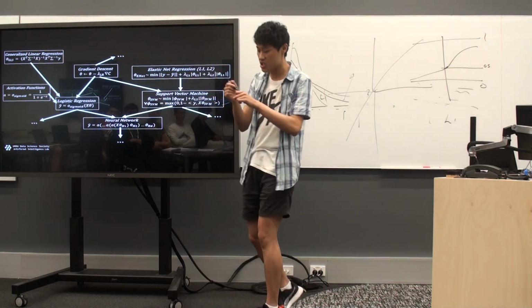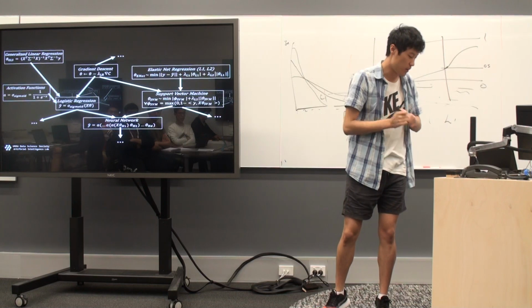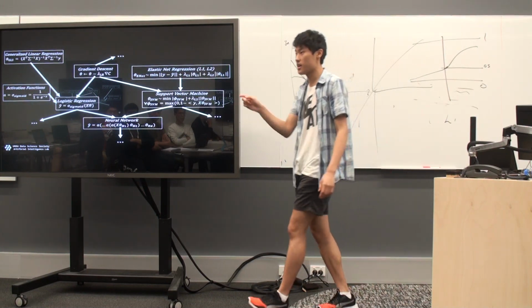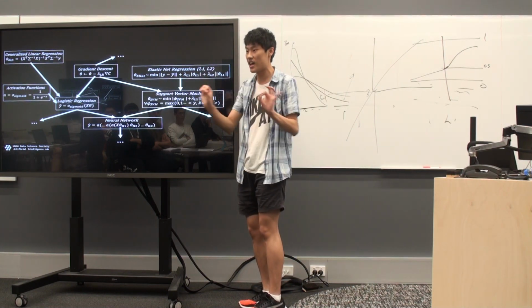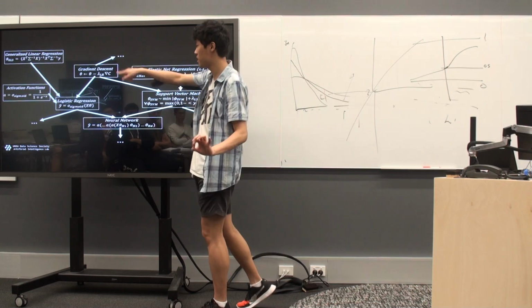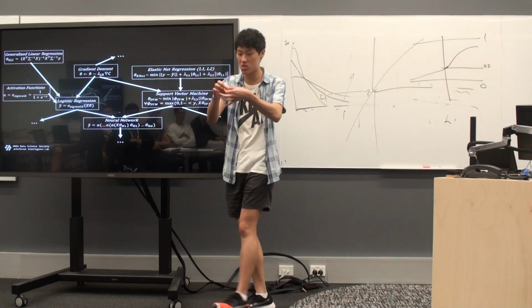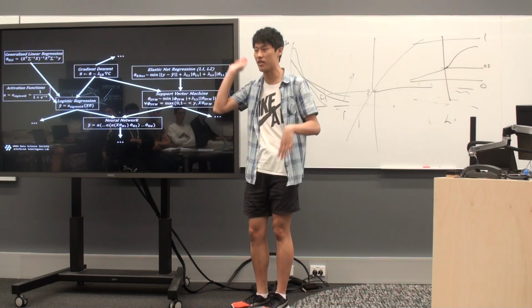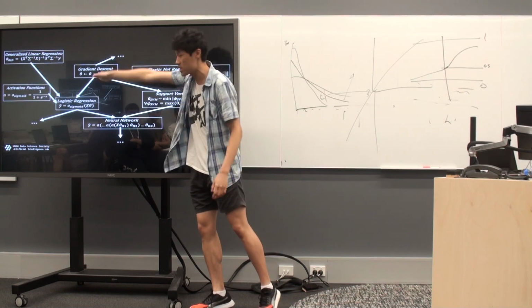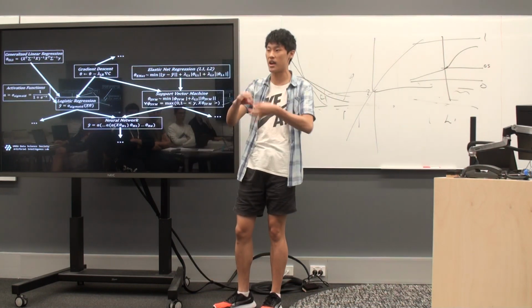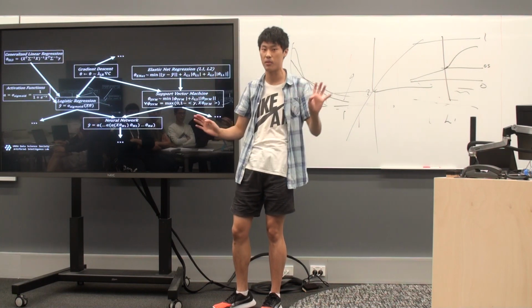So the question is, what does an activation function do? Pretend linear regression is kind of like a straight line. Can we make this straight line into a parabola or some sort of other shape? That's what activation functions do: they change your straight line into some other shape.